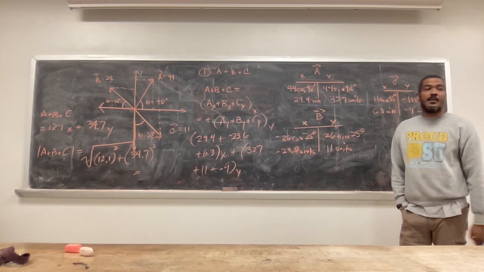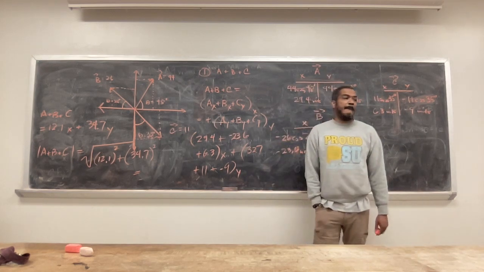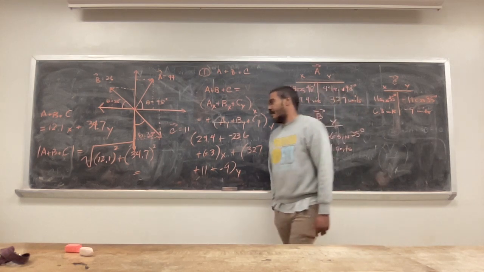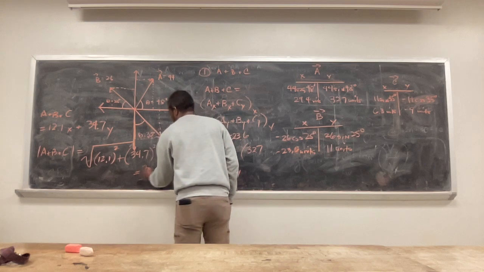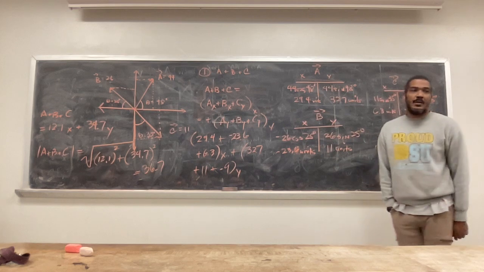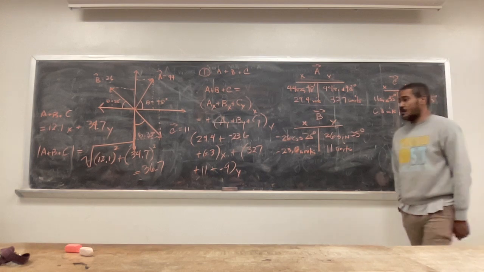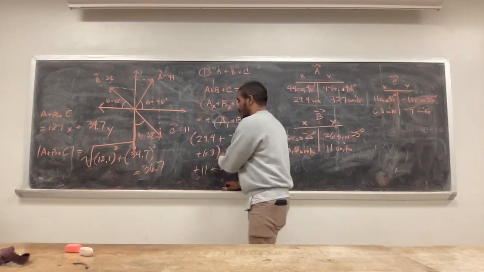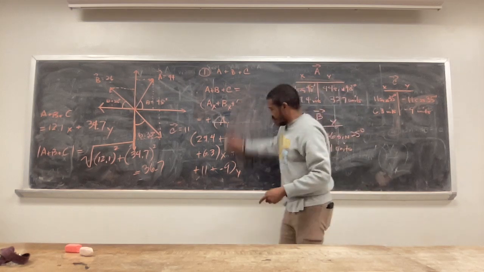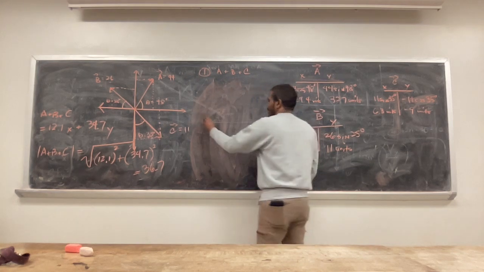Anybody? I have 36.7. 36.7. Me too. Okay, now, how do I find my direction? Inverse tangent of what?